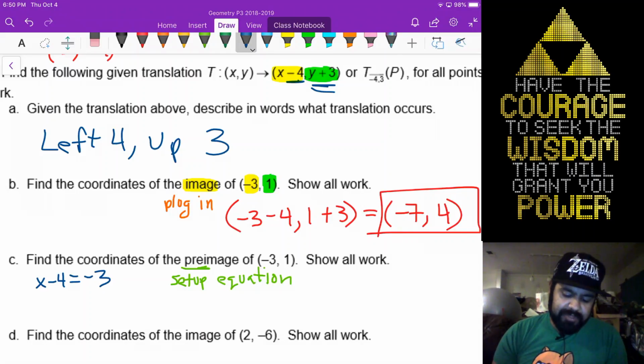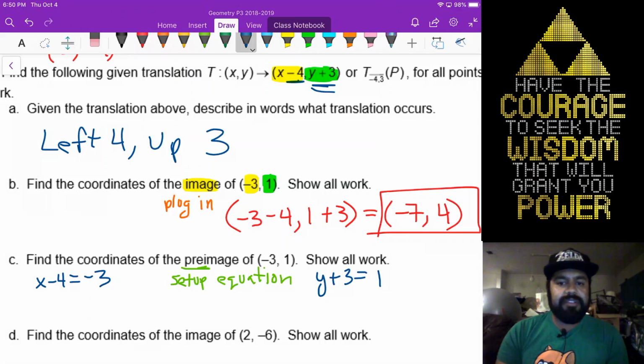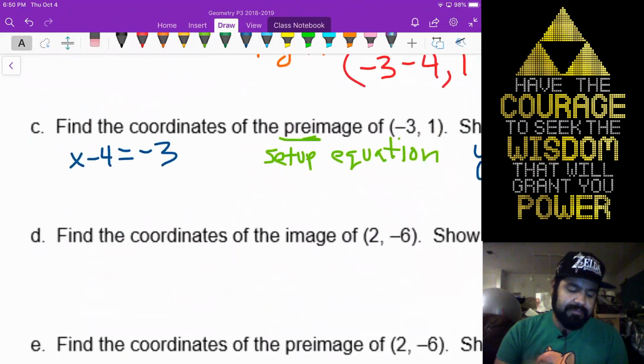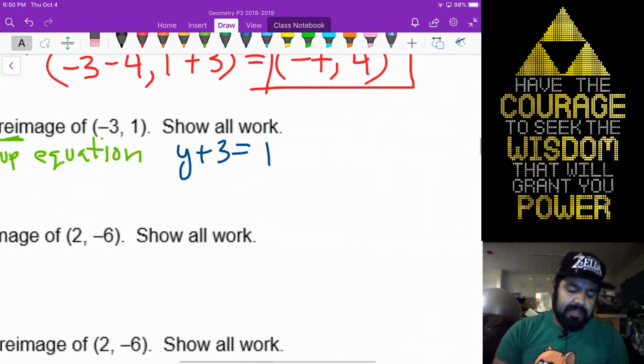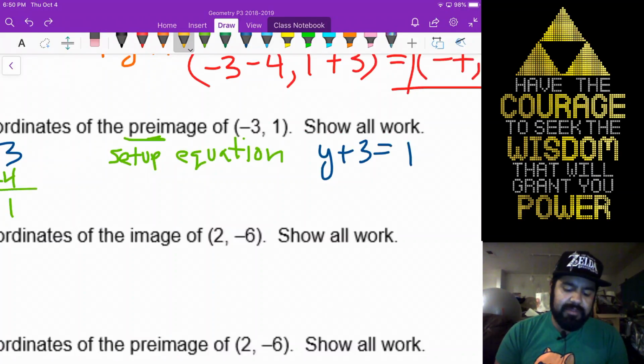And likewise, we're setting up the y plus 3 equal to the 1. So those are the two equations we solve. Add 4, balance your equation out, x equals 1. Likewise over here, subtract 3. So then we get y equals negative 2.